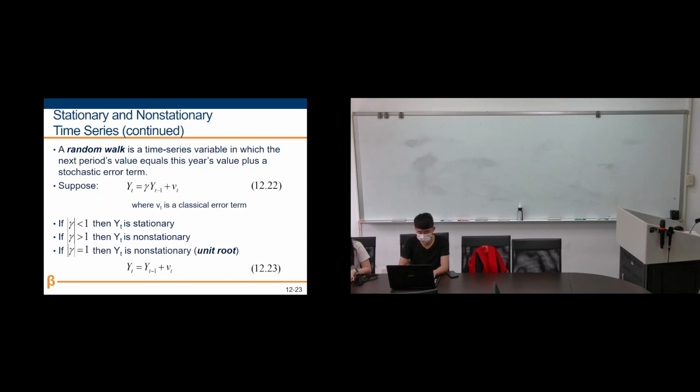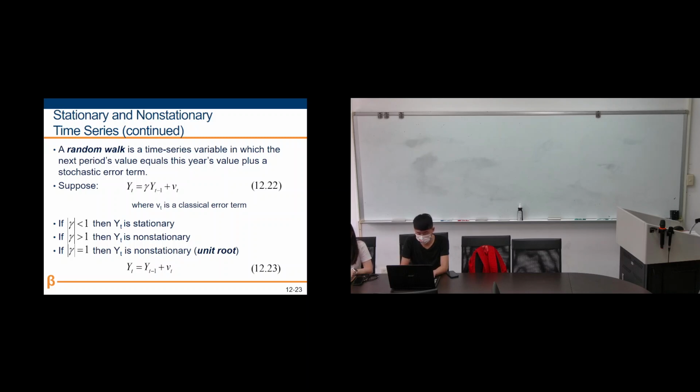A random walk is a time series variable in which the next period's value equals the current value plus a stochastic error term, which is equation 12.20. So there's a relationship of gamma with the previous y t minus 1, and v is the classical error term, white noise. It's really random.